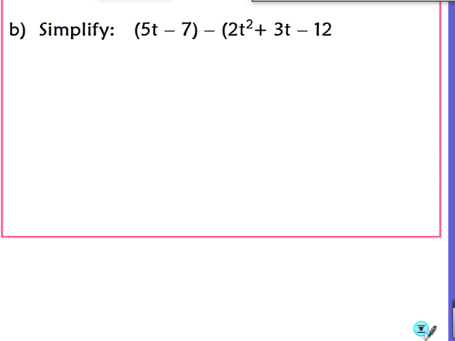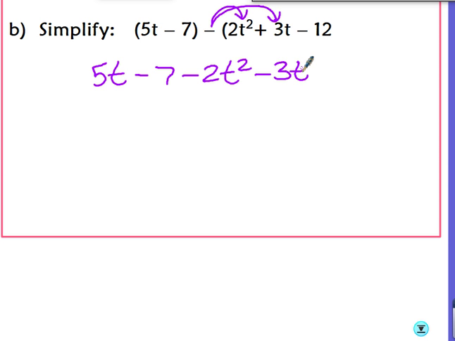For the next example, make sure you distribute the negative 1 sitting in front of the second set of parentheses. Now that I distributed the negative 1, I can go ahead and combine like terms.